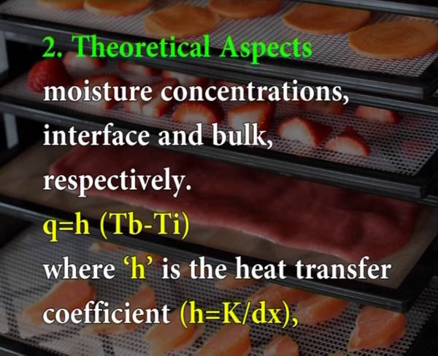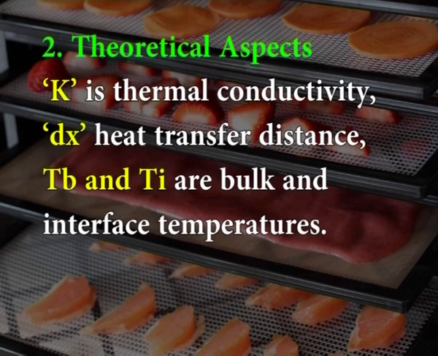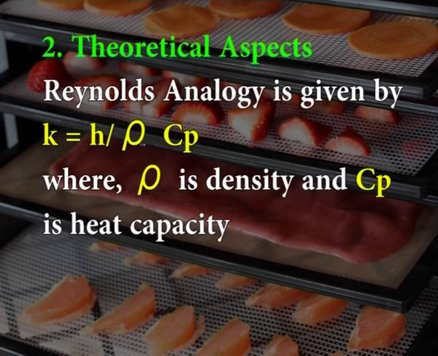Similarly, the heat flux can be given as Q is equal to H into (Tb minus Ti), where H is the heat transfer coefficient which is equal to K by dx, where K is the thermal conductivity and dx is the heat transfer distance. Tb and Ti are bulk and interface temperatures respectively. The Reynolds analogy between heat and mass transfer is given by K is equal to H by rho Cp, where rho is the density and Cp is the heat capacity.